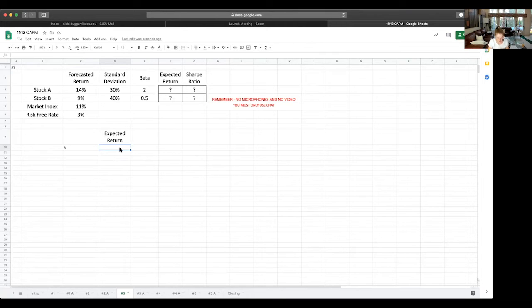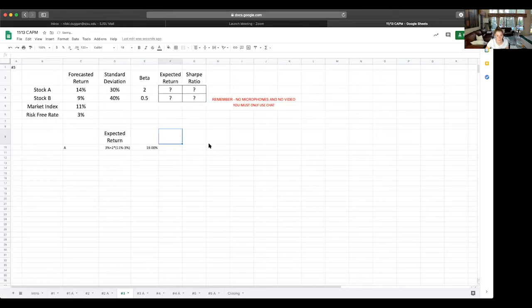So that is basically just 3%, which is your risk-free rate, plus your beta of 2 times your market index or your market rate is 11%, minus your risk-free rate is 3%. So when you solve that, you should get 19%.